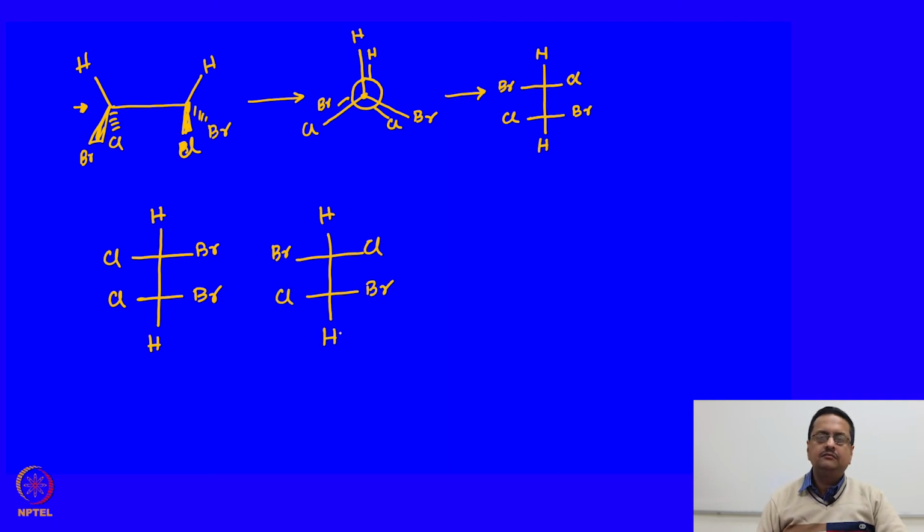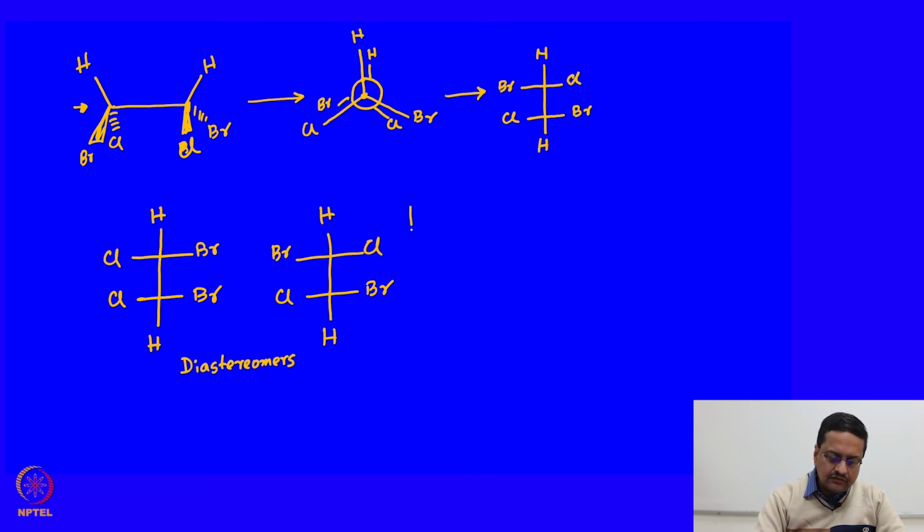They are not mirror images, so they are stereoisomers. These types of isomers are called diastereomers. The stereoisomers which do not have any mirror image relationship are called the diastereomers.